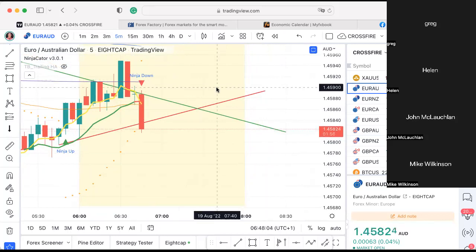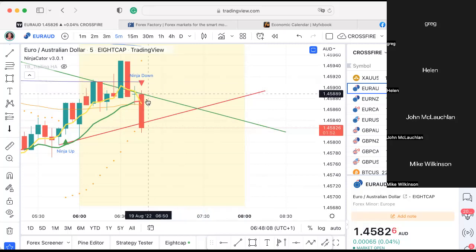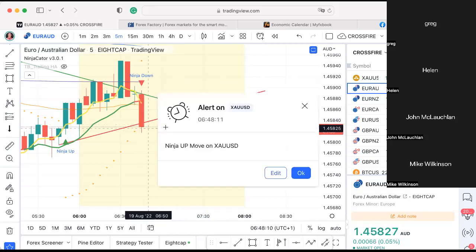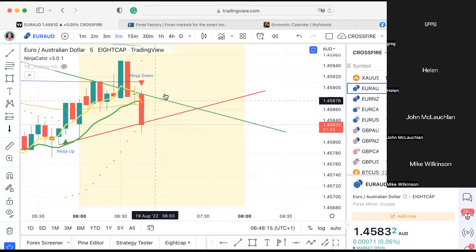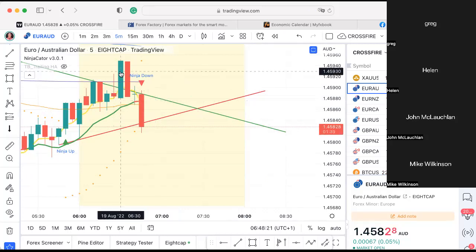Right, so we've sort of moved away from the charts. We just need to look at the situation again. That's my gold. Okay, so on euro Aussie dollar, price moved out, and this often happens.